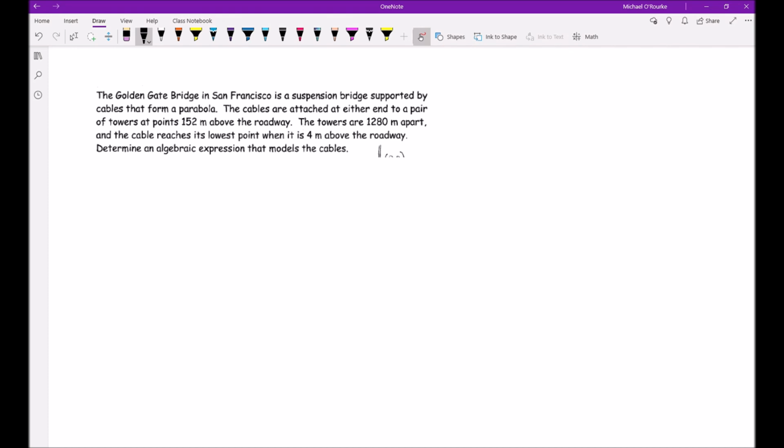But I was amazed when I asked this question last year. Who cannot picture the Golden Gate Bridge in their head right now? Can you tell me in chat if you cannot picture it, and I'll pull up a picture of it for you? Here. It's the most famous bridge in the world. Tell me if you know what it looks like in chat for me.